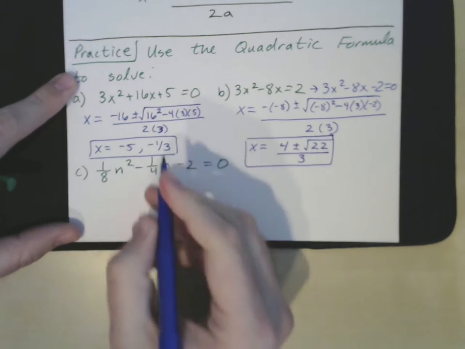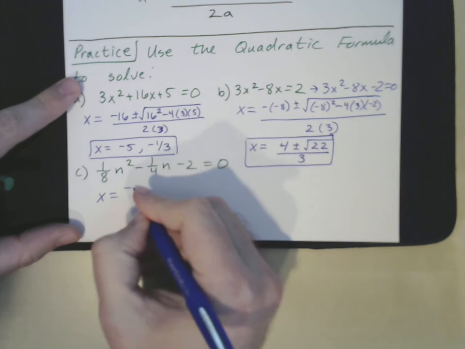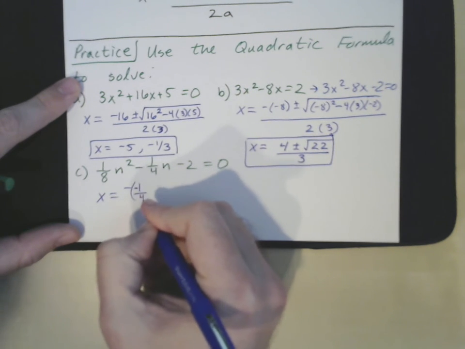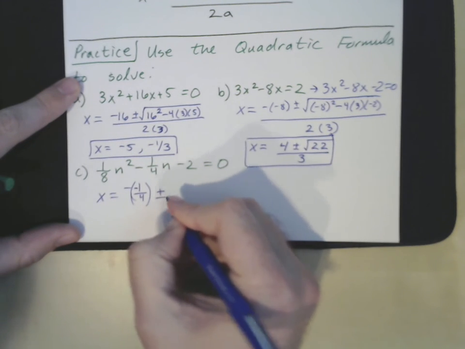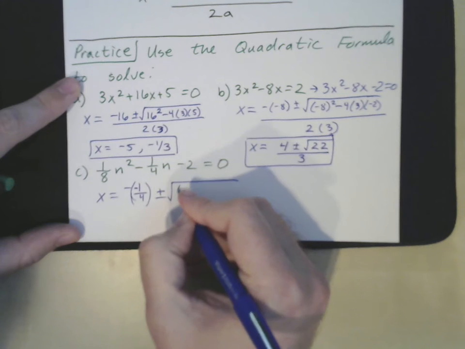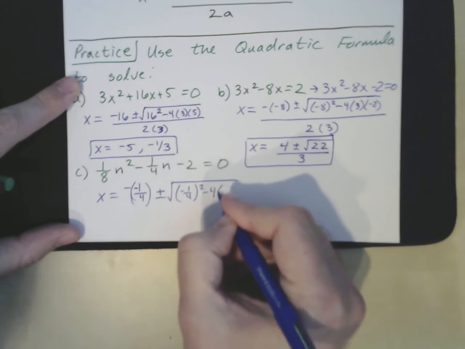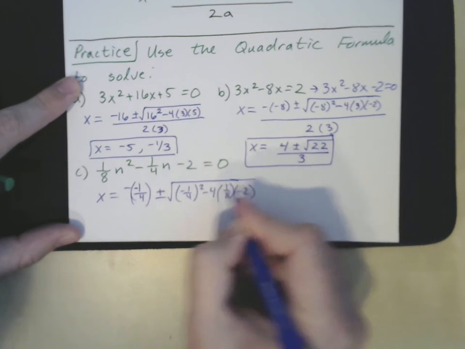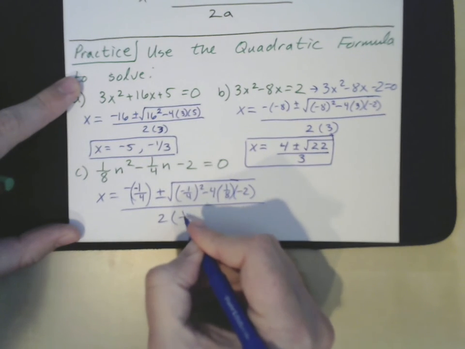Okay, moving on to part C, following our quadratic formula. Negative b is negative negative 1/4, plus or minus the square root of b squared, which is negative 1/4 squared, minus 4 times an eighth times negative 2, all over 2 times an eighth.